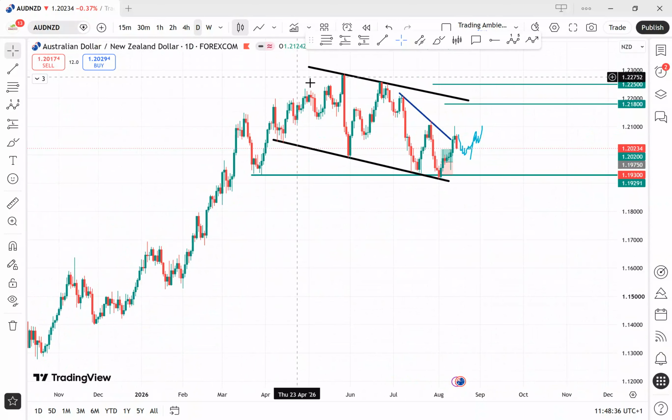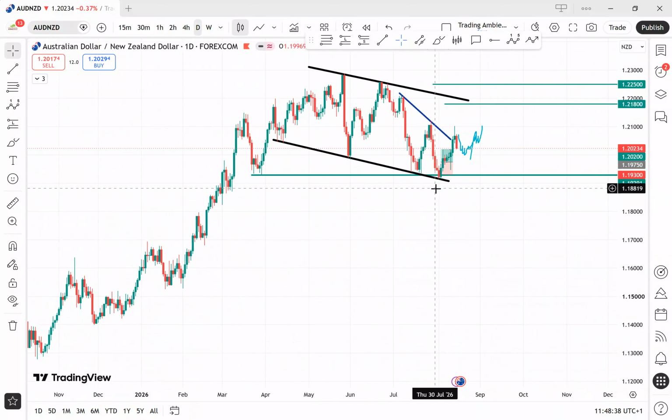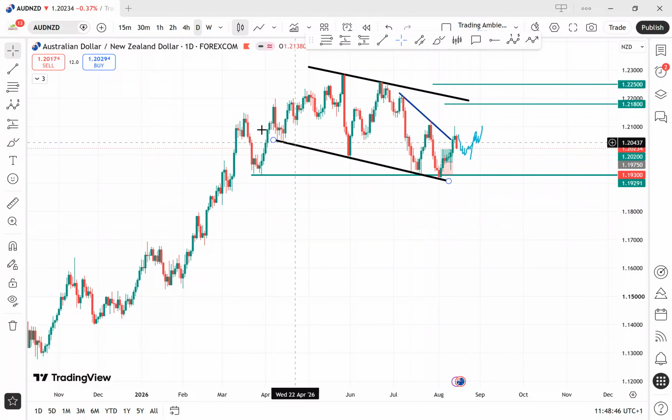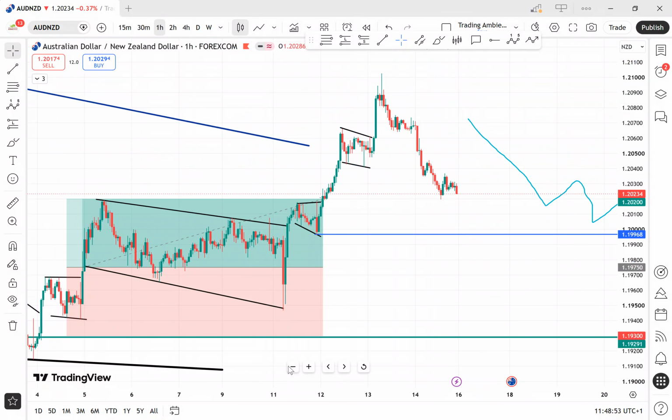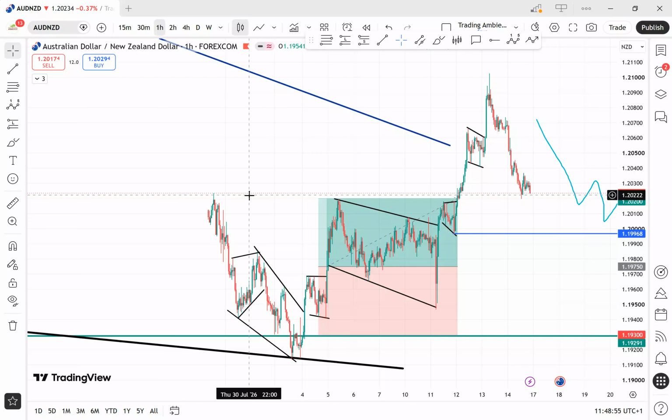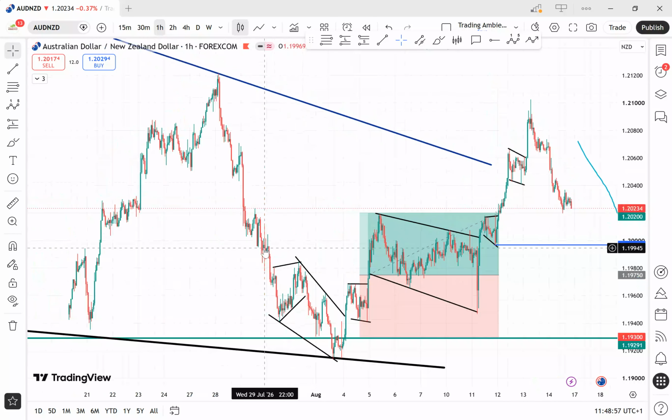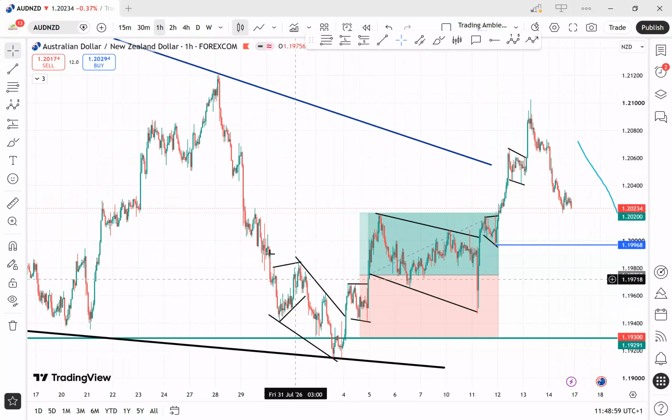The price approached this swing low with a descending channel, and upon hitting this low, let's see how we got in on that on AUD New Zealand. So upon hitting that low, the price printed a bearish reversal structure, as you can see clearly.